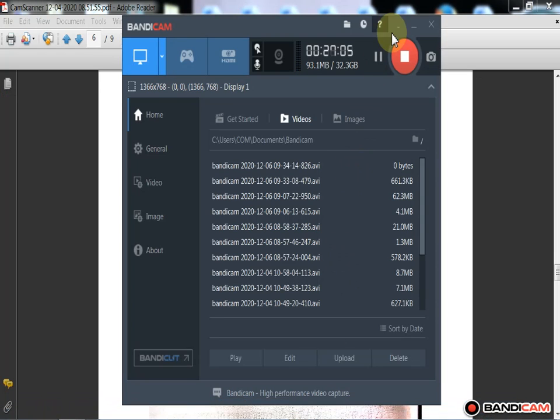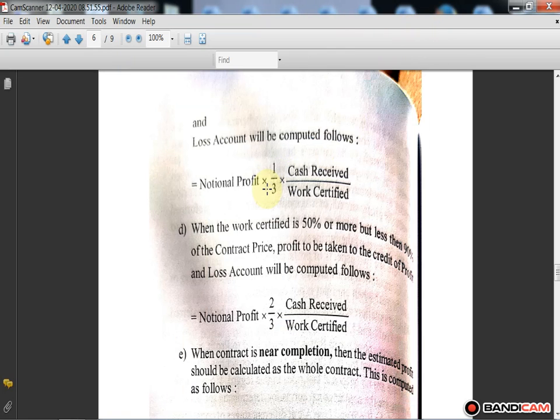Next one is B. When the work certified is 50% or more but less than 90%.